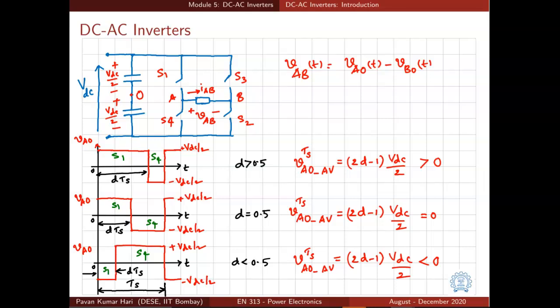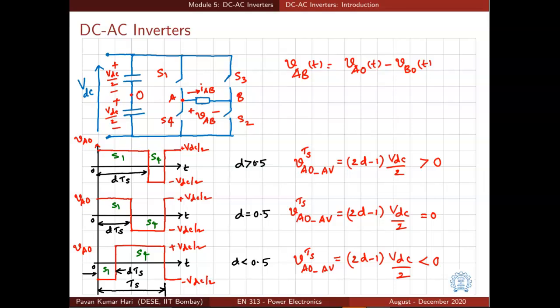And what are we looking at? We are looking at the voltage VAO, the voltage of the point A with respect to the point O. When S1 is on, voltage VAO is VDC by 2, and when S4 is on, the voltage VAO is minus VDC by 2, by simple KVL.